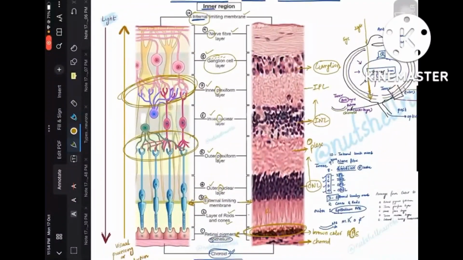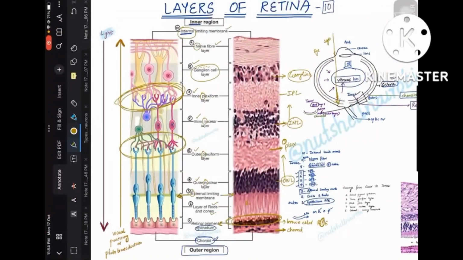Light travels from the internal limiting membrane direction to the choroid direction, whereas the visual processing or phototransduction, this point is important, occurs in the opposite direction, from the pigment epithelium, from the rods and cones towards the internal limiting membrane, and from there the nerve arises. So that is the difference. Light and phototransduction are exactly opposite in direction. I think now it is easier for you to memorize these layers of the retina.